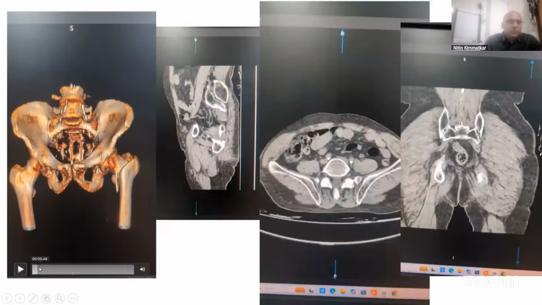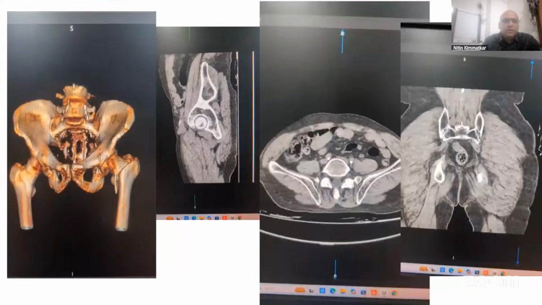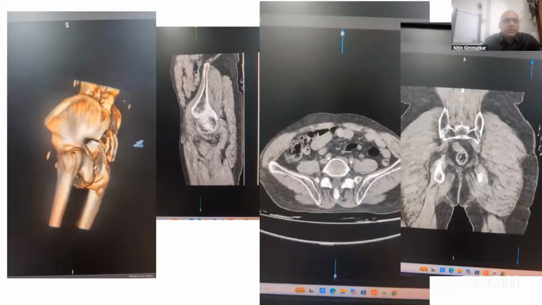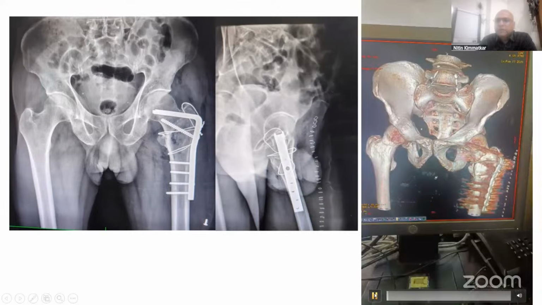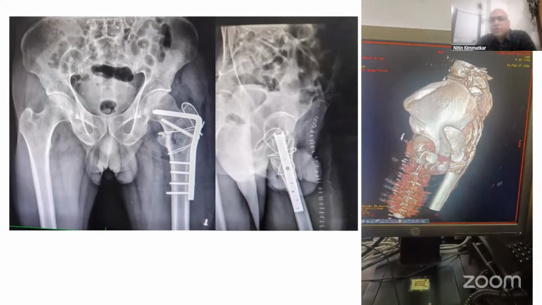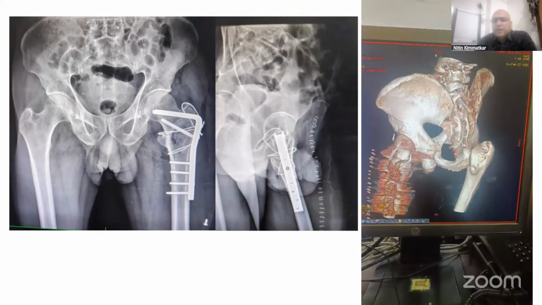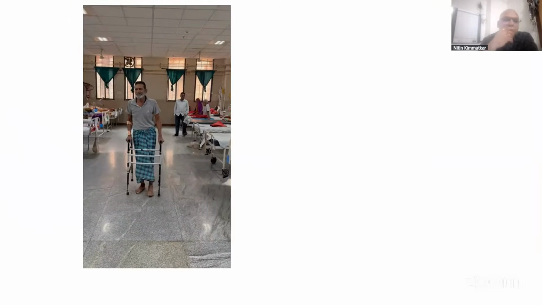This was promptly fixed with angle blade plate and cerclage wires. And this is this post-op CT scan. This shows that this wire has negotiated all the trochanteric combination and it is very well fixed. And this is his mobilization in the ward, 5th day.